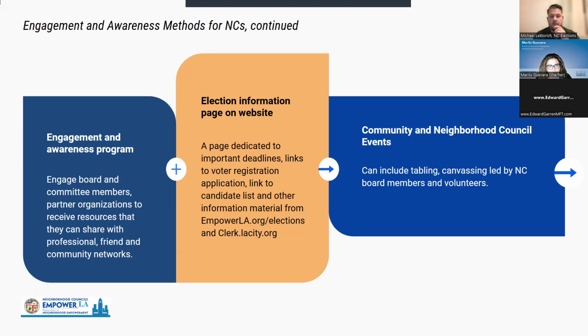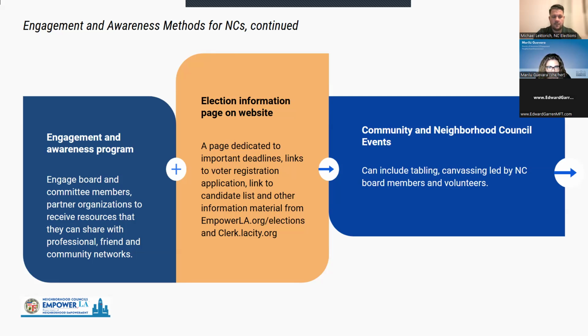You can use some of the same links that you can find on the City Clerk's website, our website, the empowerla.org website. The important thing is that you want to help promote your own election, and your website is key. If you have a website and you are in the middle of a neighborhood council election, people should know that you're having an election when they visit your website.